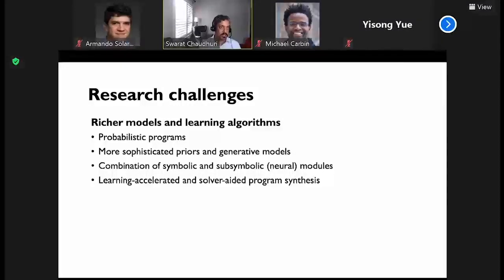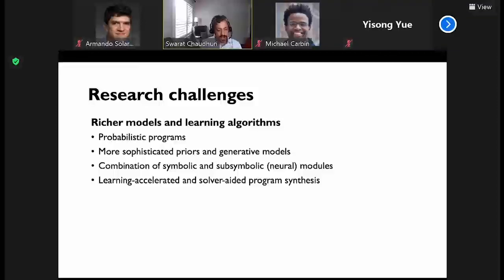So one way in which we can move forward using the tools that get developed in this project is to use richer models and learning algorithms. So specifically, you can imagine more sophisticated probabilistic programs, more sophisticated priors and generative models. One thing that is especially important is the combination of symbolic and sub-symbolic modules.